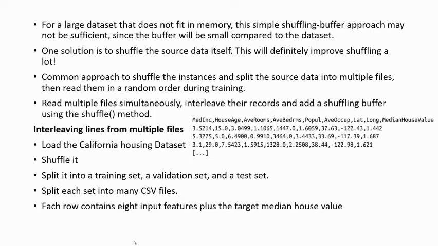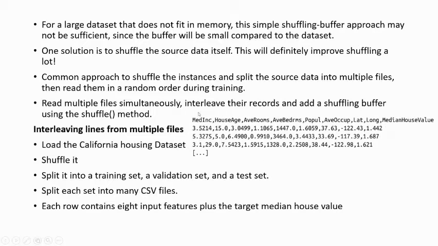The data is shuffled, unless it is already shuffled. Split the data set into a training set, validation set, and test set, and split each of these sets into many CSV files. Now, when you print one of the CSV files, it contains data like this.